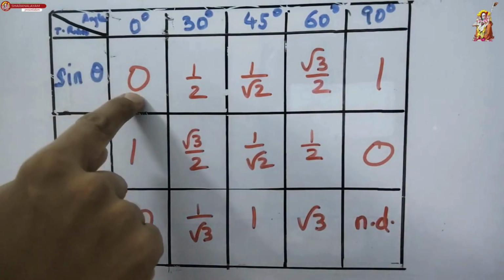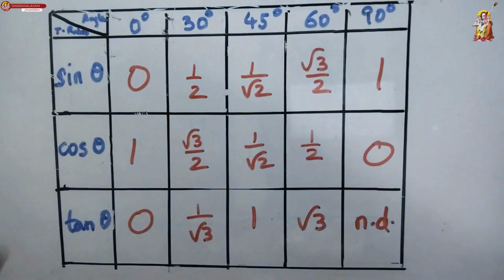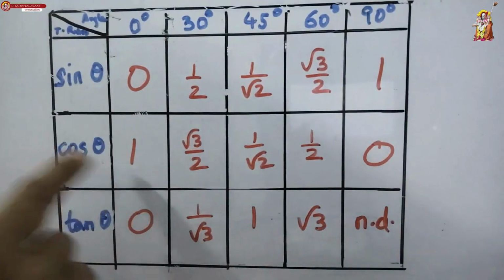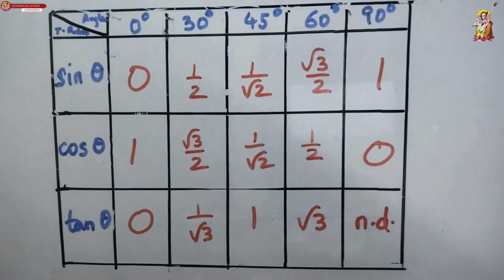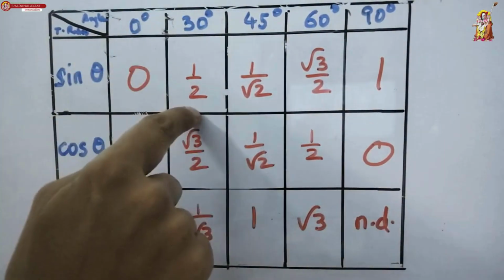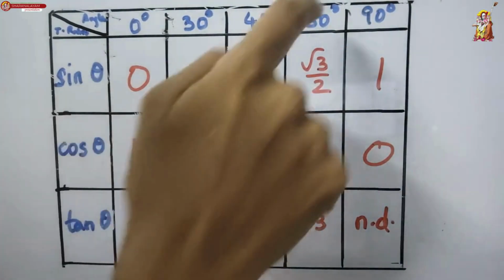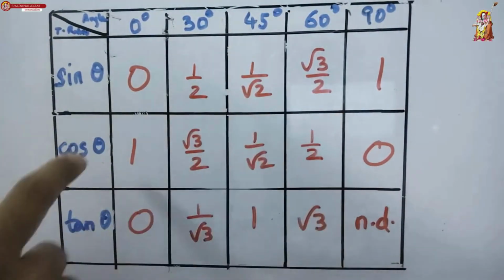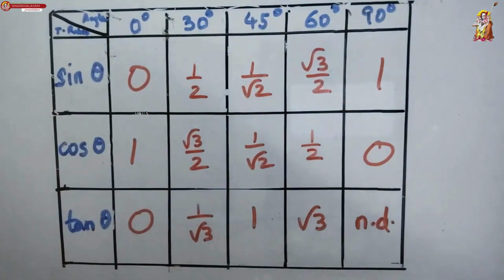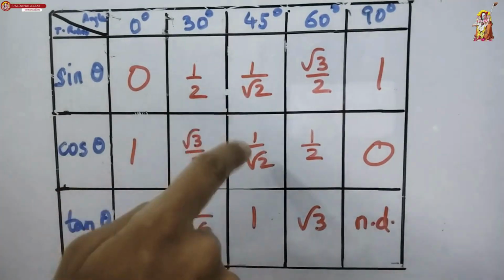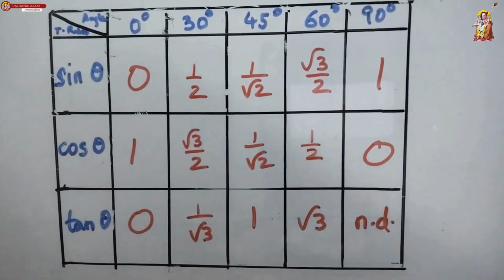Sin 0 degrees is 0, sin 90 degrees is 1, cos 0 degrees is 1, cos 90 degrees is 0. Sin 30 degrees is half, cos 60 degrees is half. Sin 60 degrees is root 3 by 2, cos 30 degrees is root 3 by 2. Both sin 45 degrees and cos 45 degrees are 1 by root 2.